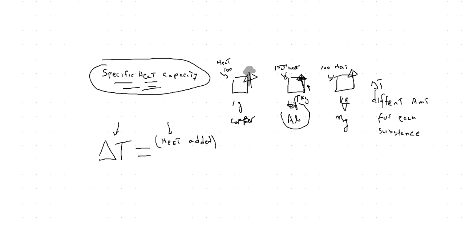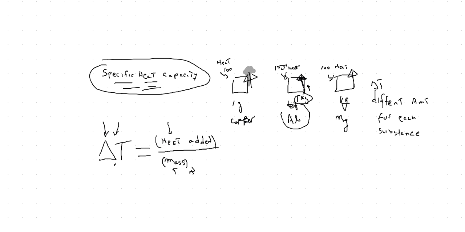So the more mass you have, the smaller the change in temperature, delta T. Mathematically, we put the mass in the denominator, so if that's bigger, this fraction becomes smaller, and the temperature change is thus smaller.